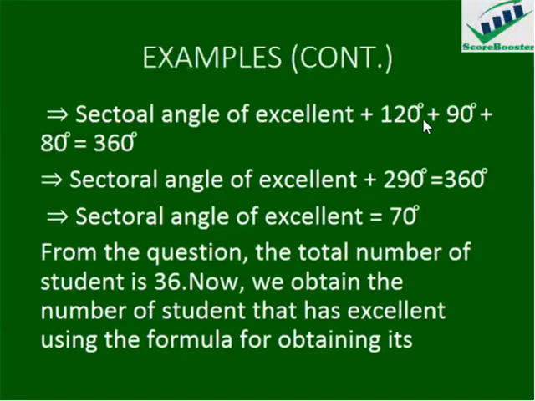This is for pass, this is for very good, and this is excellent. Everything equals 360 degree. So we will make sectoral angle of excellence the subject of the formula, which will give sectoral angle of excellence plus 290 degree equals 360 degree.